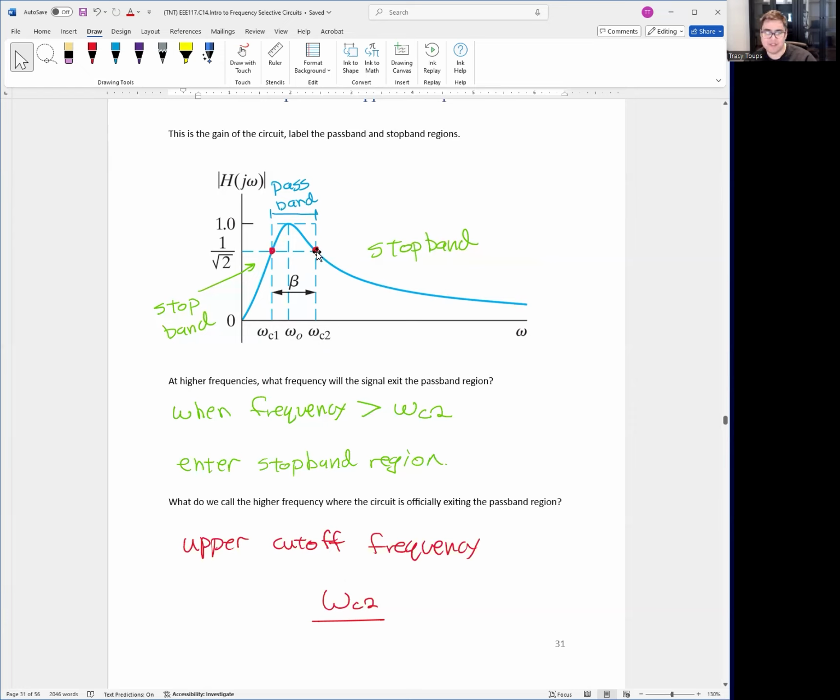At the higher frequency, whenever the frequency is greater than WC2, we officially enter the stop band region right here. Okay, this upper cutoff frequency that's the official name for it, denoted omega C2. So omega C1 is a lower one, omega C2 is an upper one. Okay, and those are the borders of the passband region.